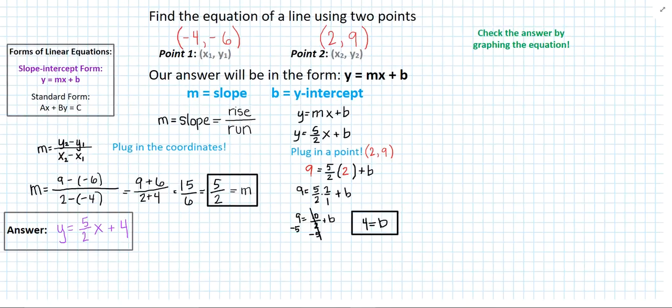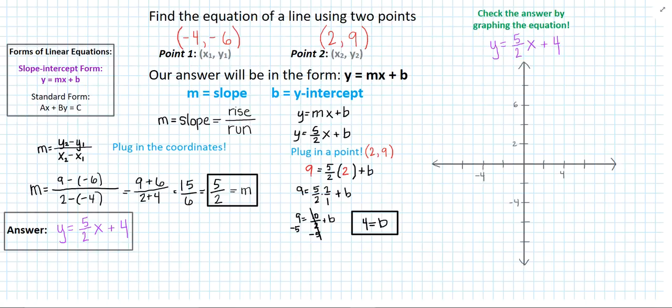So let's check the answer by graphing the equation. So to graph this equation, we first plot the y-intercept, which is here. And then we apply the slope. So counting from the y-intercept, we go up 5. So that would be at y equals 9, and over 2. And we have a point there.